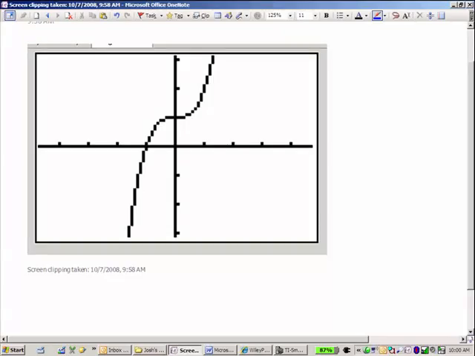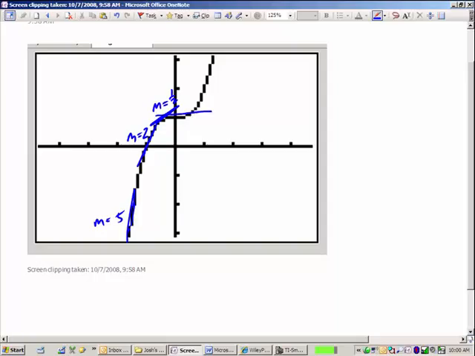Let's talk about the slope, though. What would you say the slope is around here? Steep or not steep? Steep. I'll call it 5. The slope here? 2 or 3? I'll call it 2. How about the slope here? It's getting smaller, so 1/2.